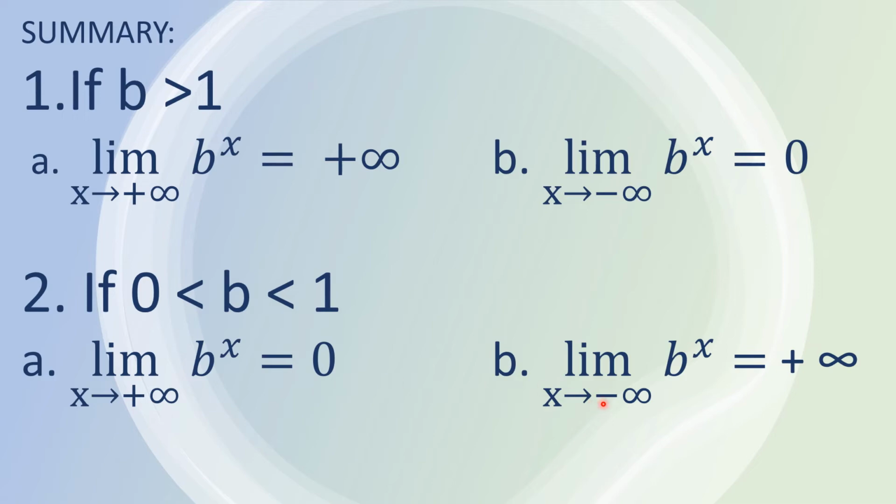Pag nag-approach sa negative infinity, the answer is positive infinity. Baliktad lang sila. Kaya, you have to screenshot this and you have to memorize this one, kasi hindi ka na kailangan gumawa ng table para ma-solve ang limits ng exponential. Sige, let's apply this with these examples.